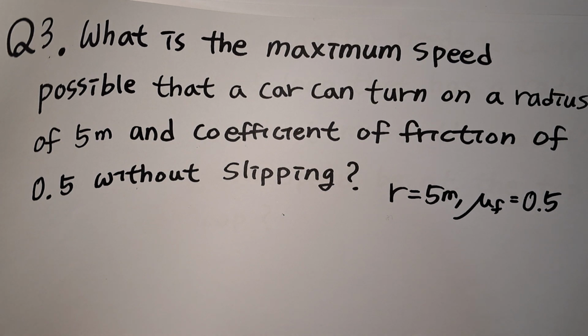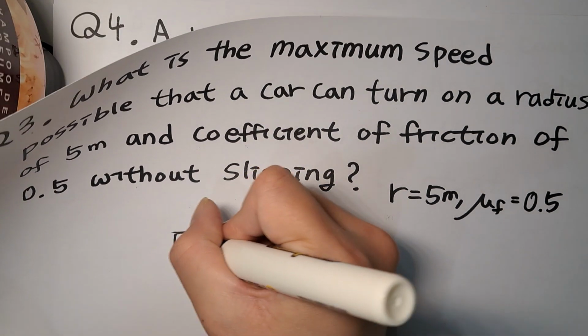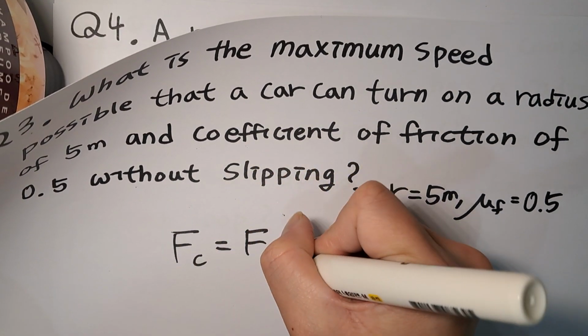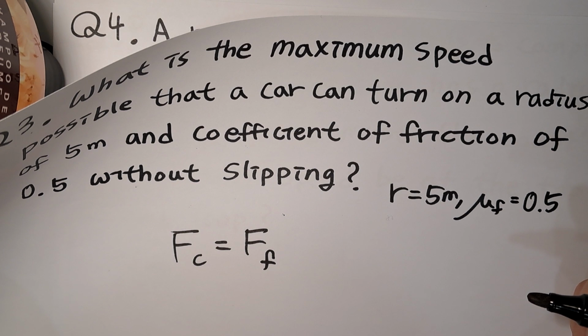When a car makes a turn, the normal force resulting in the circular motion, namely the central force, is equal to the friction force holding the car in the turn. So this means the centripetal force is going to be equal to the friction force.